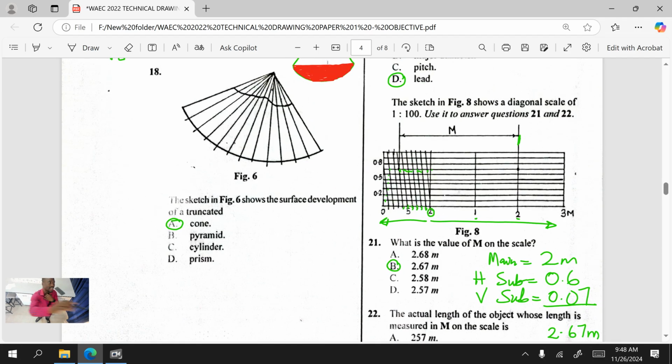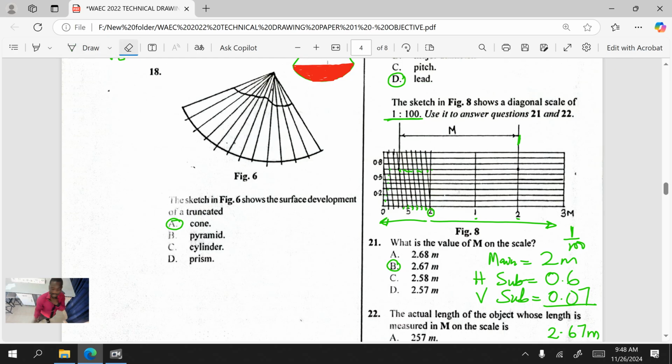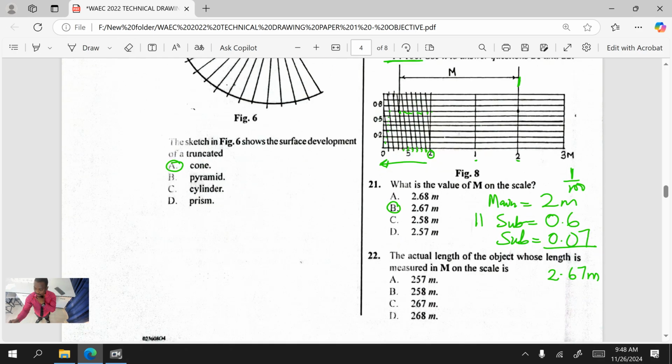Good. We are given the scale here. We are going to go back to the question. They tell us it is what? 1:100. So if the drawing is 1, in real life it is 100. So what will be the size of the drawing in real life? That is what they are asking us.